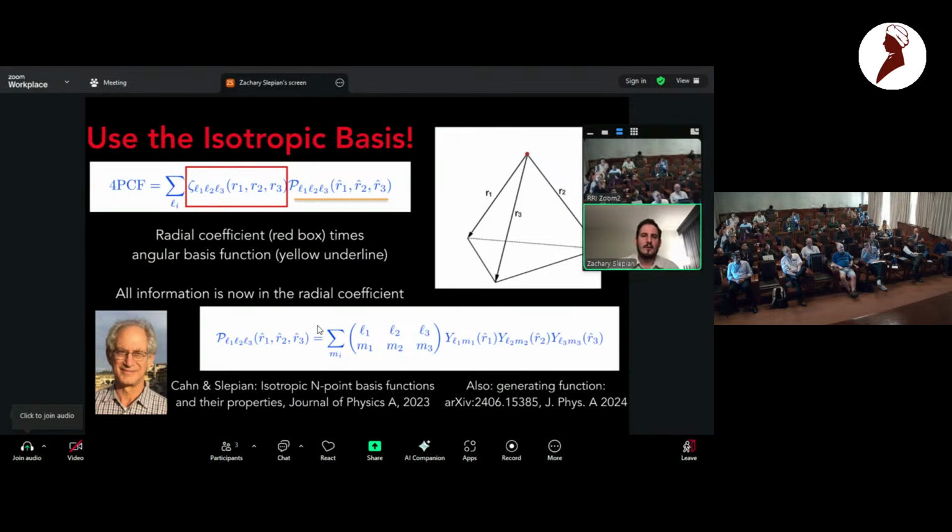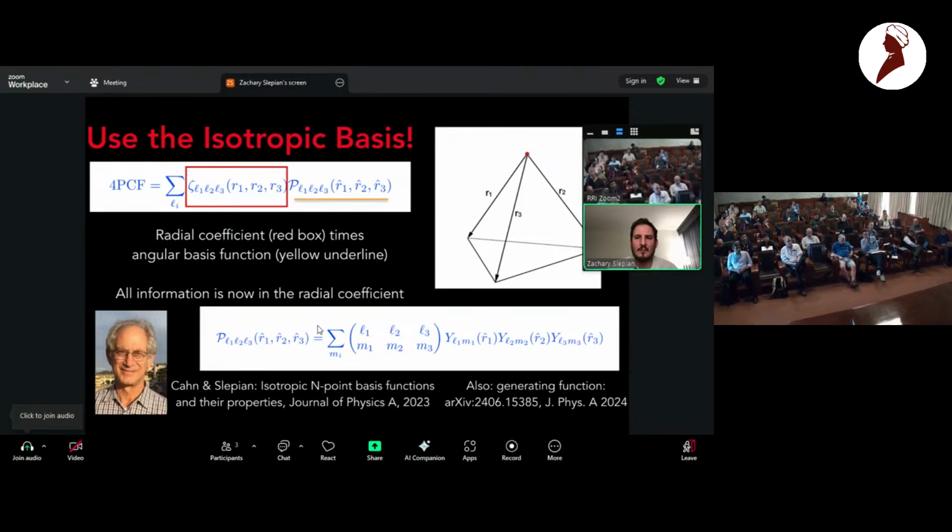So what are these magic basis functions that let us do this? Well, I've shown them here in an equation at the bottom of the slide. They're basically triple products of spherical harmonics. And what they're really doing is contracting to 0 angular momentum. And so this is enforced by the Wigner 3J symbol out there in front of it. This basically says that L1, L2, and L3 add up to 0 total angular momentum.